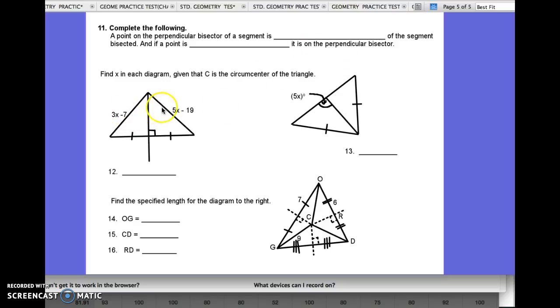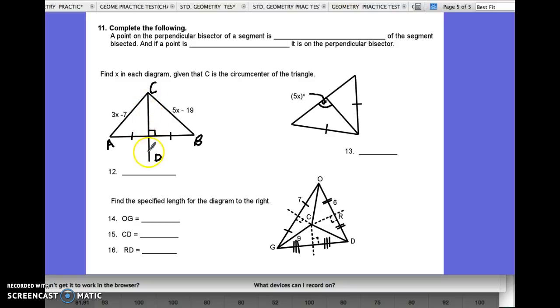So in this one, as we look carefully here, we see that this segment, I'm going to give it a name. Let's say segment AB. It's got another segment which intersects it right here. It's perpendicular to it. It also bisects it. So this segment, let's call it CD.